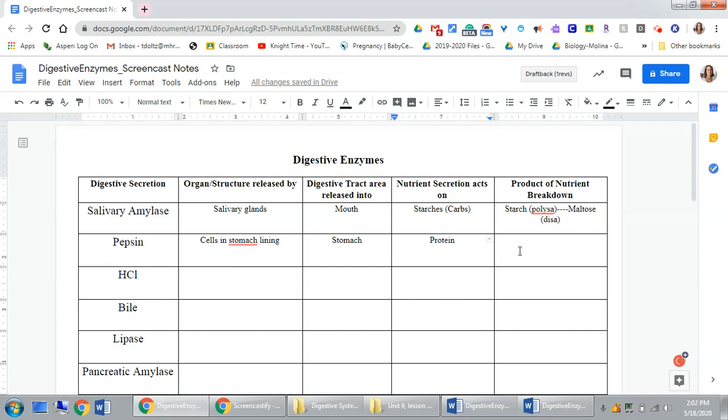All right, so proteins are very large. We are going to break the large protein into, we'll call them, smaller polypeptides.